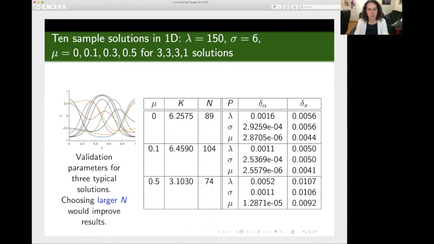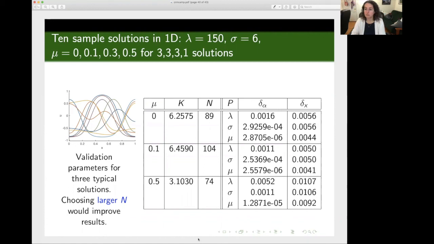And this is basically for a typical solution of each type, what type of accuracy do we get? So if we were to choose a larger n, we would get better estimates, but just to give you an idea of what type of estimates we get in each case. And this was basically done in an unsystematic way. Basically, I chose n to be something that I wasn't too impatient to wait for it to finish.